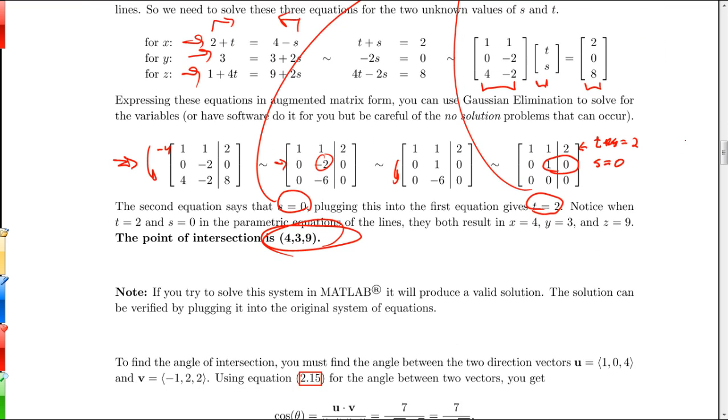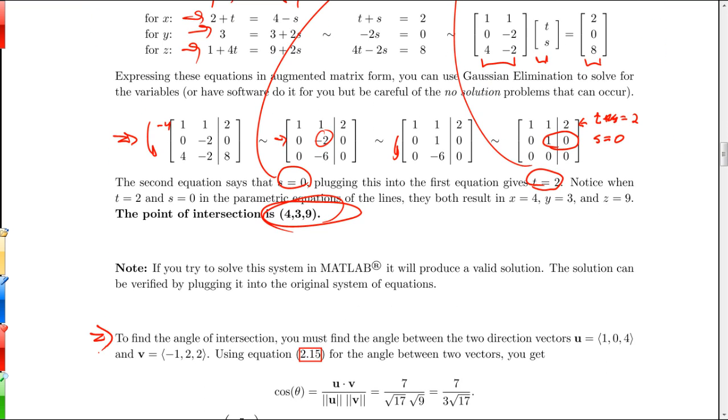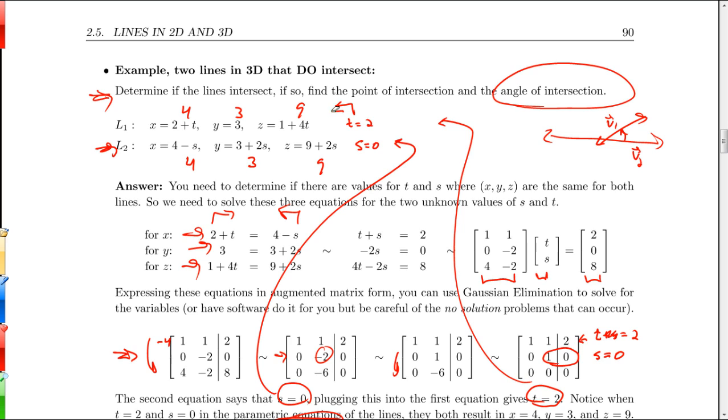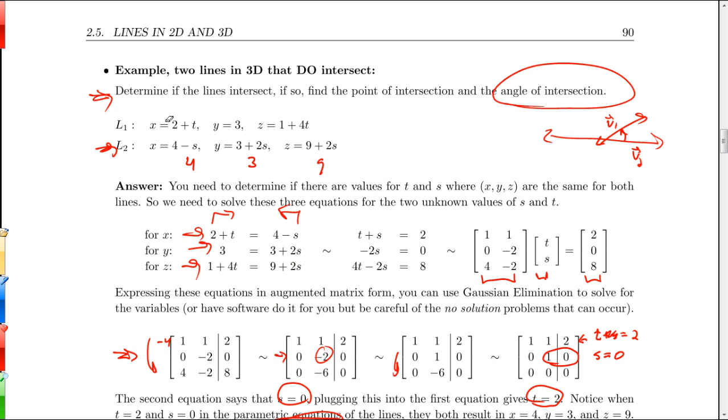So in order to get this angle, I have to get the two direction vectors, and that's easy to do. You just look at the coefficients of t in each one of these. The direction vector for the first line is 1, 0, 4. The direction vector for the second line is negative 1, 2, 2.